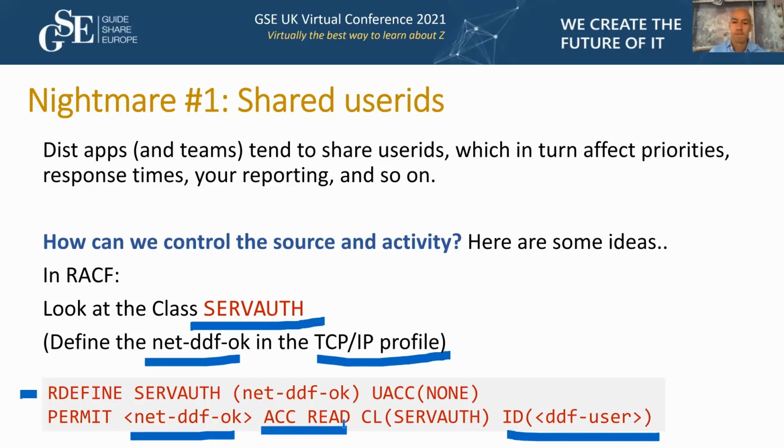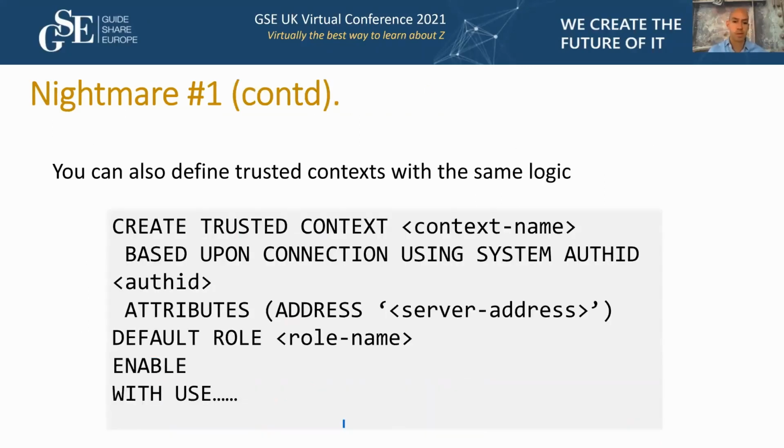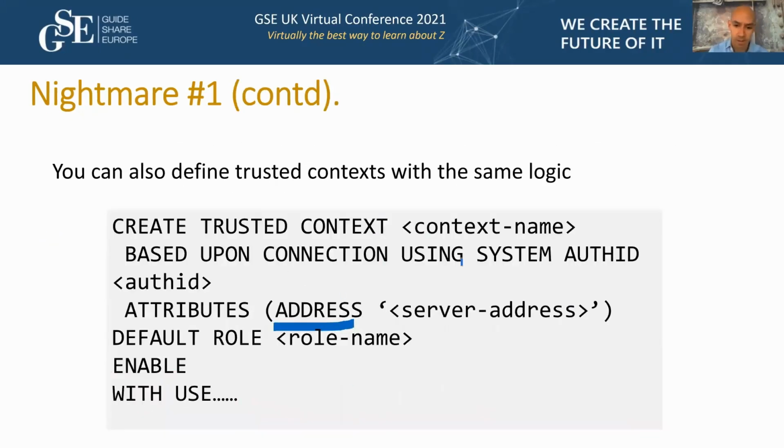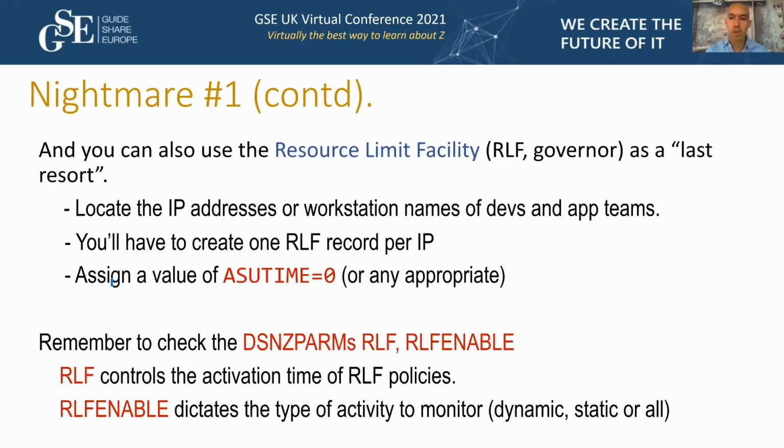I prefer that way. Another way is to use trusted contexts. In this way, you can map it to specific addresses, and you can also map it to a serve out, but it is not in this specific example. And another one that I also used is, well, if you had no choice, you can do the opposite.